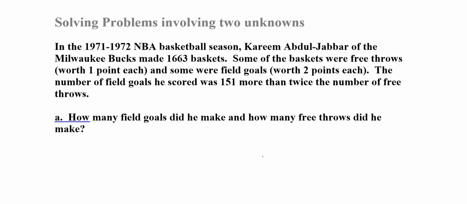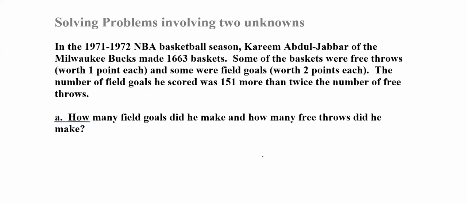In the 1971 to 1972 NBA basketball season, Kareem Abdul-Jabbar of the Milwaukee Bucks made 1,663 baskets. Some of the baskets were free throws worth 1 point each, and some were field goals worth 2 points each. The number of field goals he scored was 151 more than twice the number of free throws.